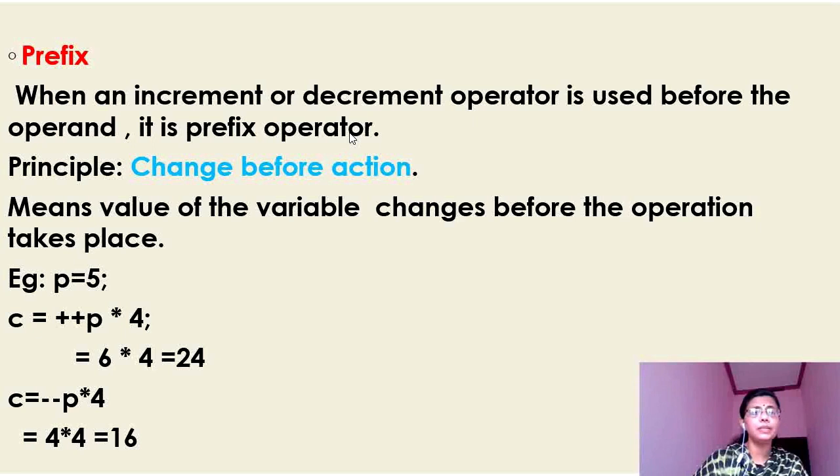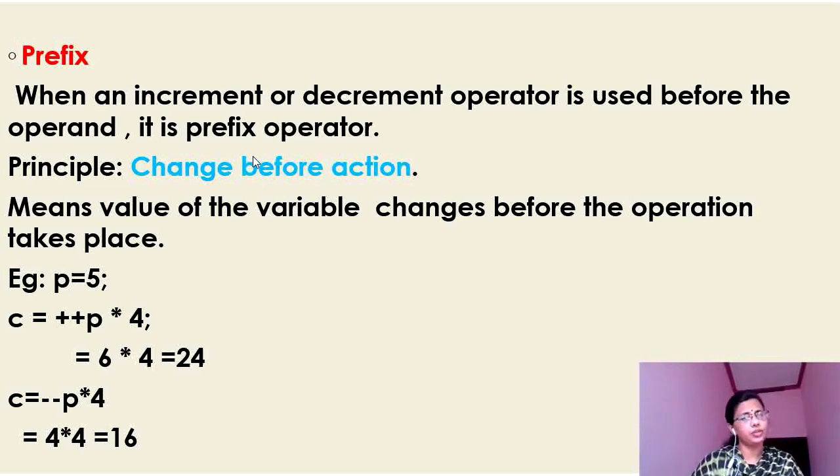If I use plus plus x or minus minus x, it is a prefix increment or prefix decrement operator. How does it work? I have told you, when it is used as a unary, fine, but when it is used in an expression, there is a principle behind its working. Change before action. So who changes?